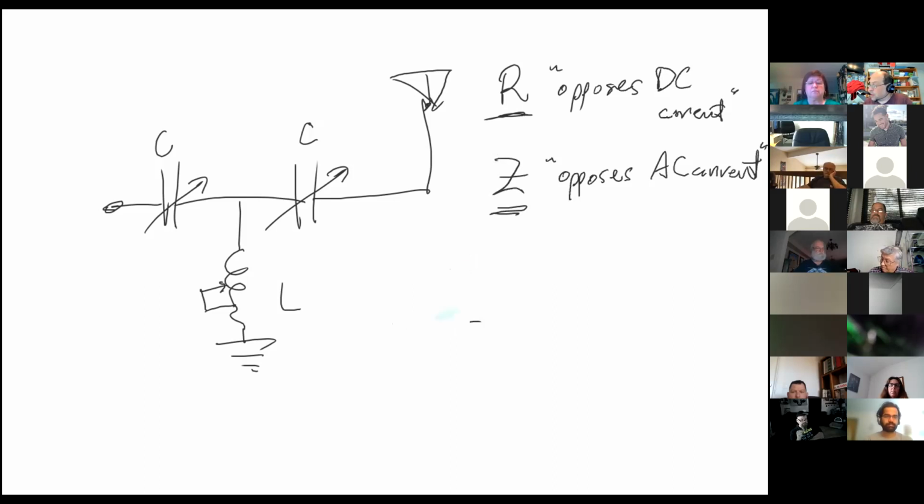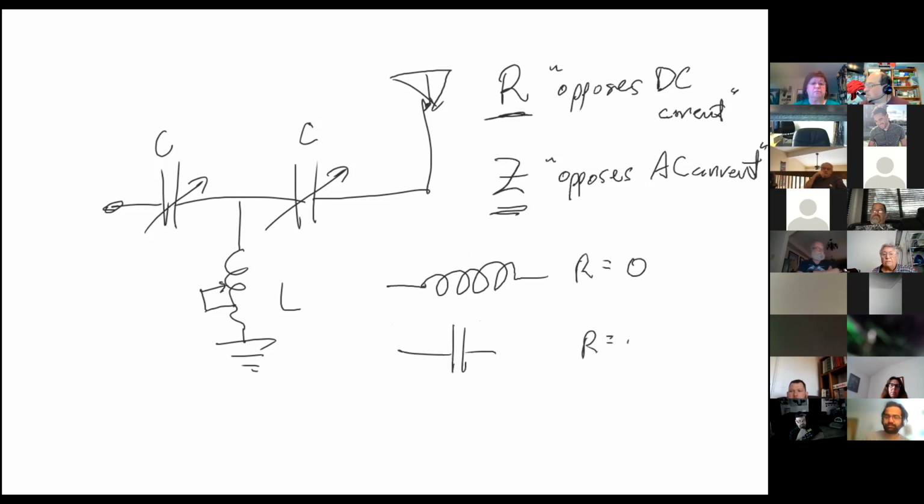However, for an inductor or a capacitor, if we look at a piece of wire, our resistance is nothing. Does everyone agree with that? It's practically nothing. For a capacitor, what would our resistance be, considering it's just an empty space? Our resistance would be very high, right? So our resistance is 0 and infinity for those things.